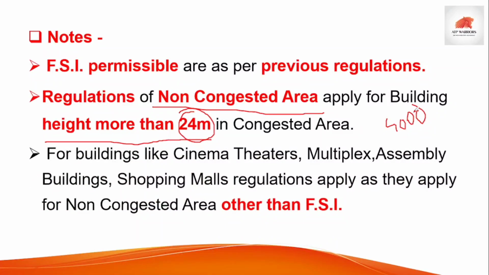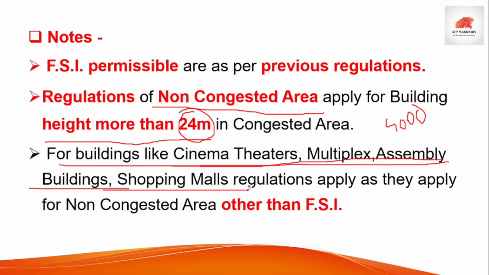Okay, so for the buildings like cinema theater, see, in other buildings we haven't discussed the cinema theaters, multiplex, assembly buildings. So for buildings like cinema theaters, multiplex, assembly buildings, shopping malls, regulations apply as they apply for the non-congested area other than FSI.